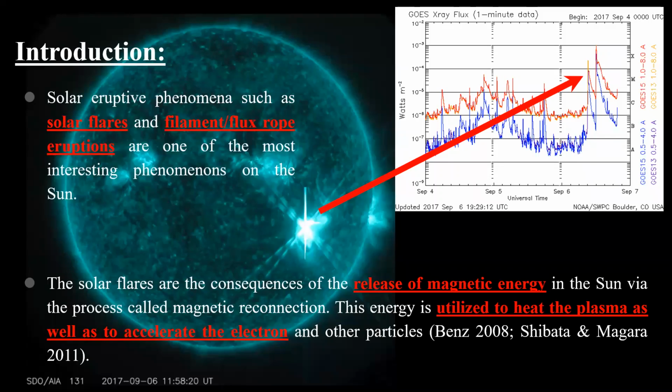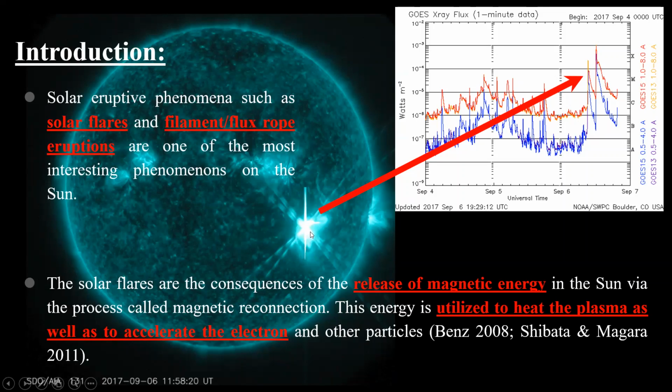Okay, so I will start the introduction about the solar flares. In this picture, you can see the background image of the sun in 131 angstrom. In the figure, you can see some chunks of brightening in some localized regions, basically in the southern part of the sun.